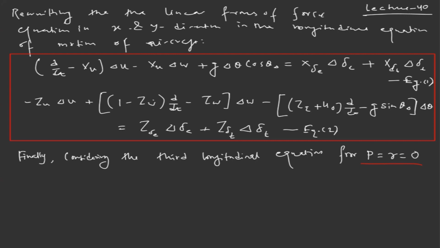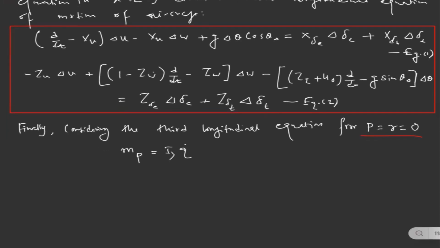For the condition P and R equal to 0, we can write the moment equation M_P equal to I_Y Q dot. If we take this condition, our moment equation along the y-axis reduces to this form. Here I_Y is the moment of inertia along the y-axis.